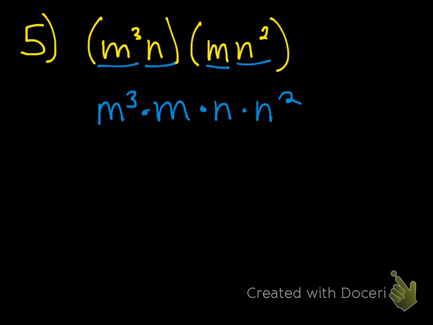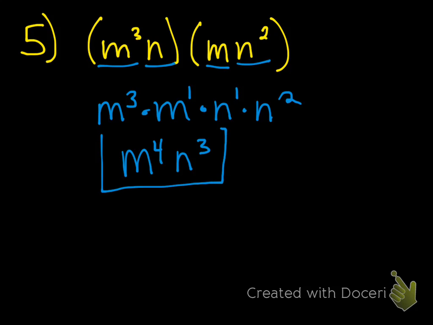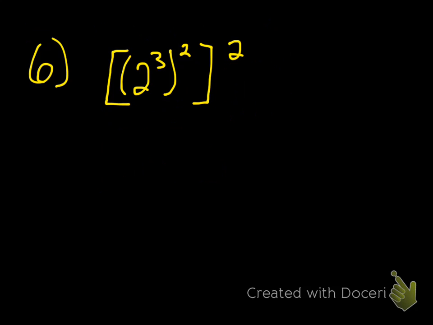Now when I multiply 2 exponents together, remember these have 1s, raised to the 1st power. So m to the 3rd power times m to the 1st power is m to the 4th power, and n to the 1st power times n to the 2nd power is n to the 3rd power. Okay, so those first 2 weren't too bad.